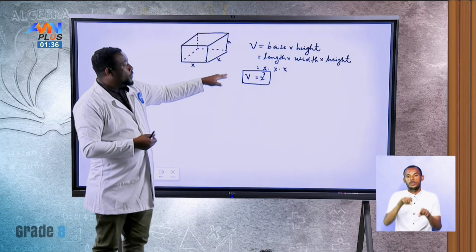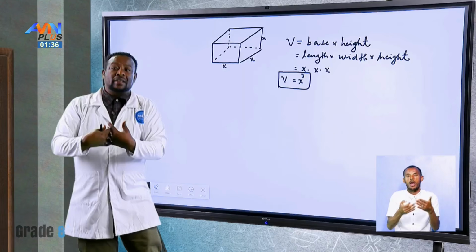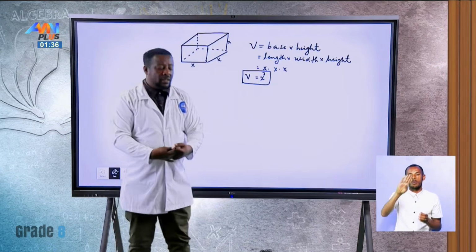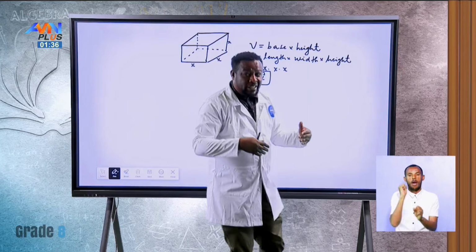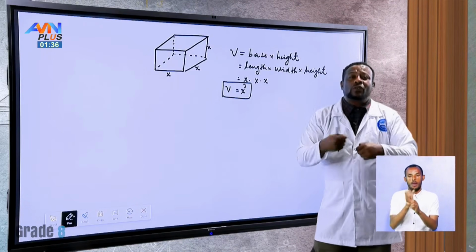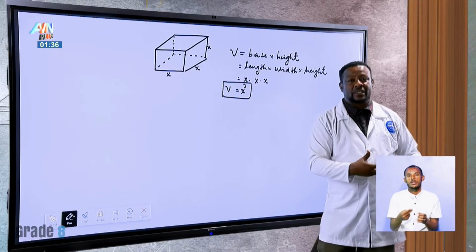So if volume is calculated in this way, how do we calculate the side of the cube? You need to apply the concept that we used in our previous lesson.